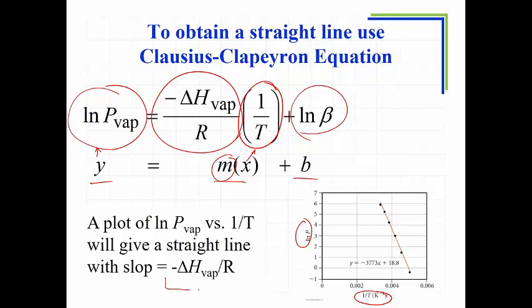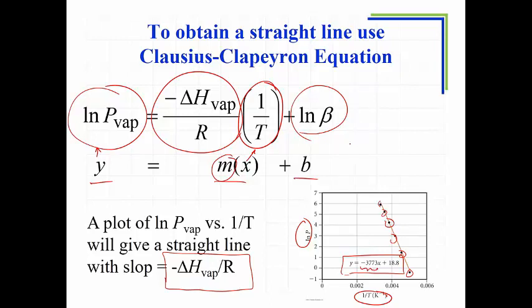Now, why would we use this? How would we utilize this information? Well, we would measure temperature and vapor pressure and plot out points, and so we see these points being plotted out. We would graph those and come up with a best straight line fit of those points, and we could take this slope, and that's what's being given right here.